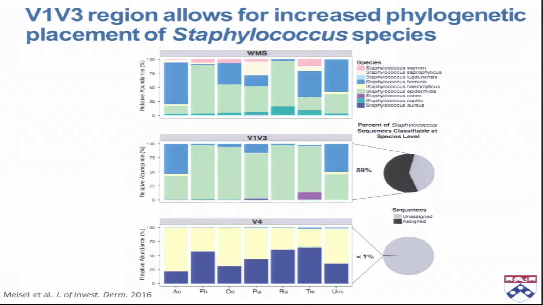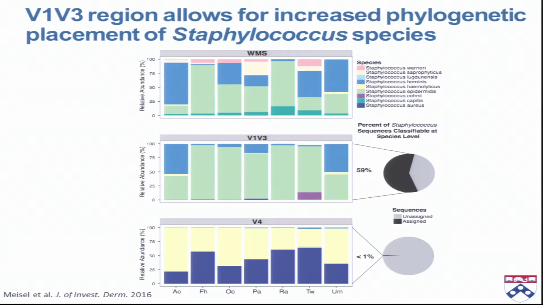So this is looking again at the mock community. I think this is the mock community. I can't remember. Either way, you have your whole metagenome shotgun sequencing, and you can see that you have a mix of these different, no, this is not mock community because this is by skin site down here. You see you have a mix of all these different staph species on the skin.